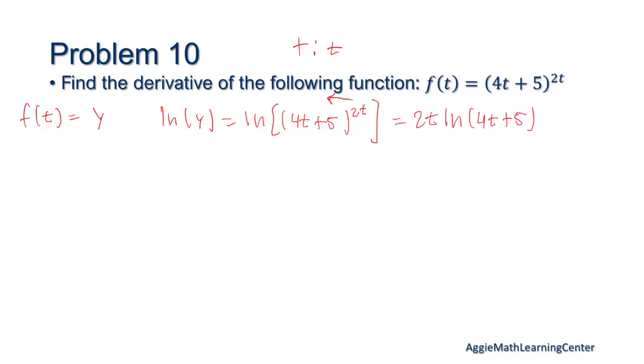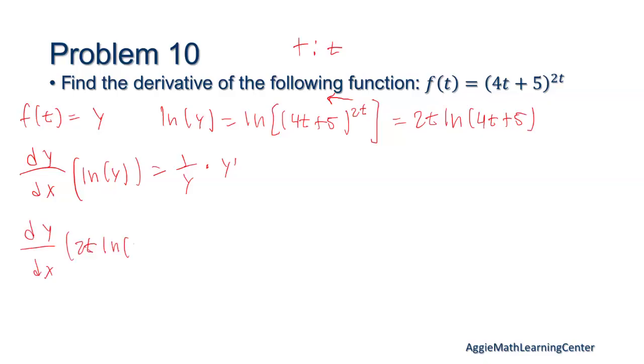Okay, so then I'm going to take the derivative of this. I'm going to say the derivative dy dx of ln of y equals 1 over y times, I'll write it in y prime this time, y prime, and then the derivative of my right-hand side here, 2t times the ln of 4t plus 5.